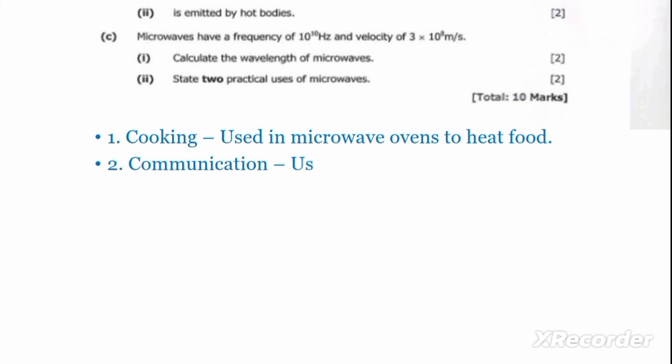Number 2, communication. Microwaves are used in satellite communication. They are also used in mobile and Wi-Fi signals. So these are some of the practical uses of microwaves.